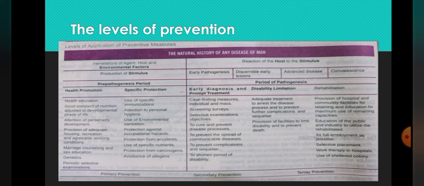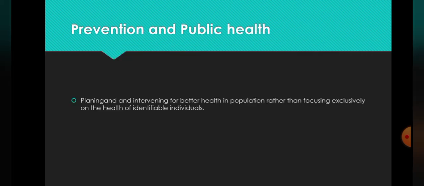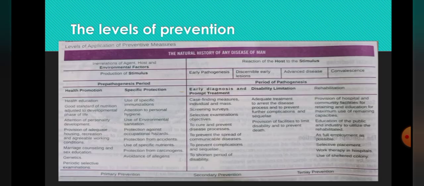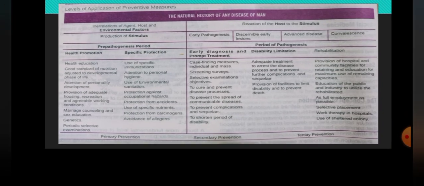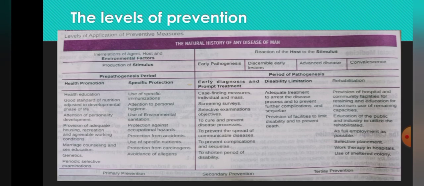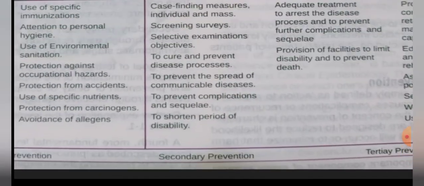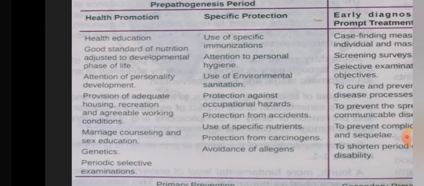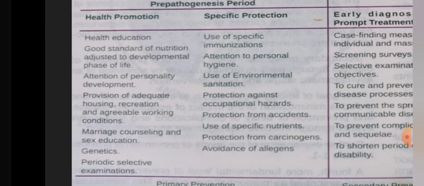The levels of prevention include primary prevention, secondary prevention, and tertiary prevention. Primary focuses on health promotion and specific protection.